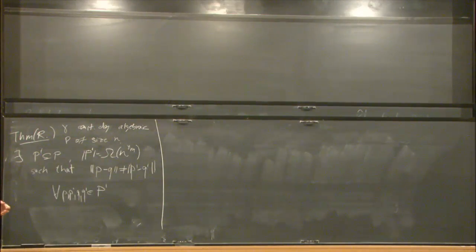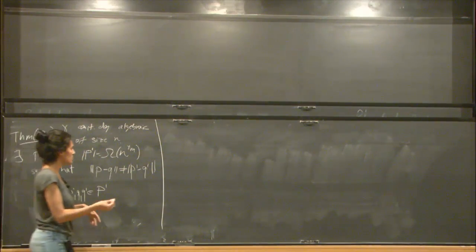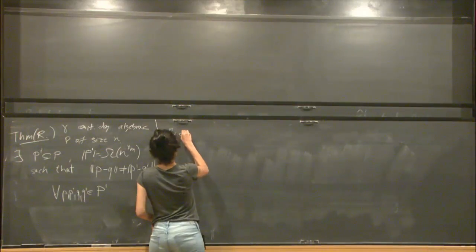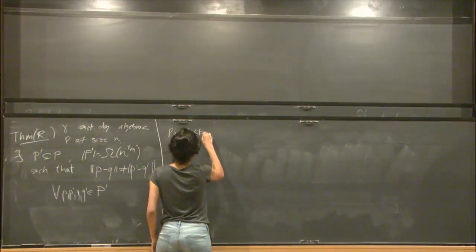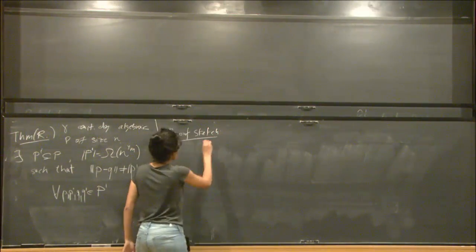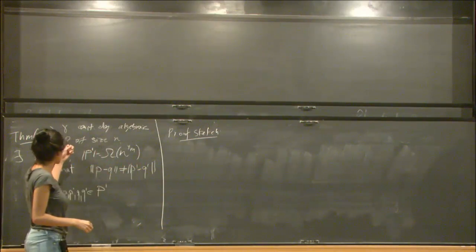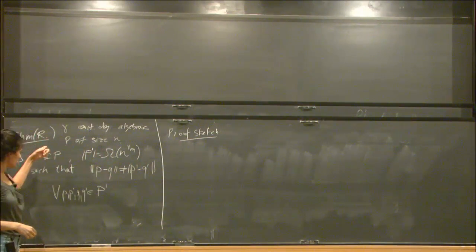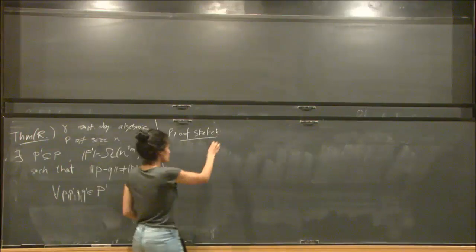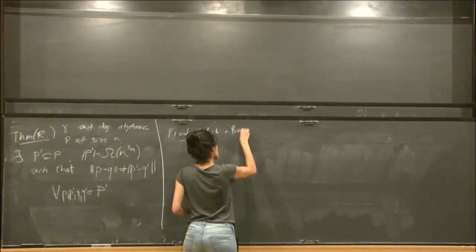So what's the general approach? Proof sketch. The general approach would be, let's take this set P of points and bound the number of quadruples.